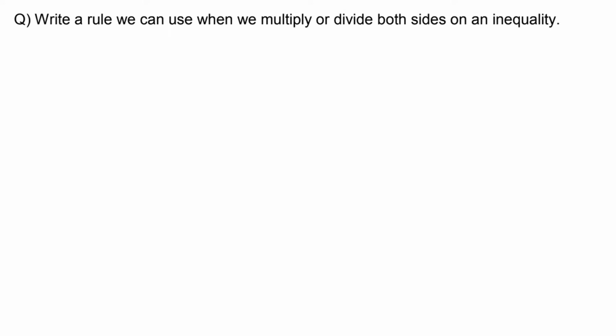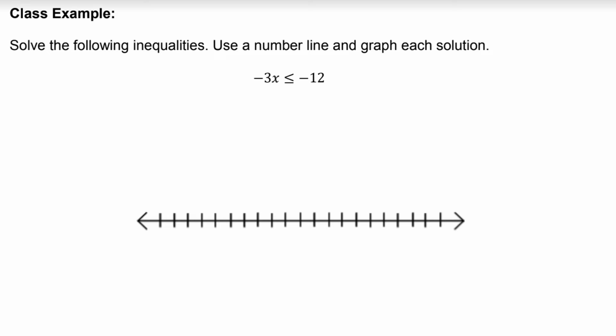So we have a condition. Solve the following inequality. Use a number line and graph each solution. Negative 3x is less than or equal to, which is located over here, negative 12. Now, here's the first thing that I need to do.